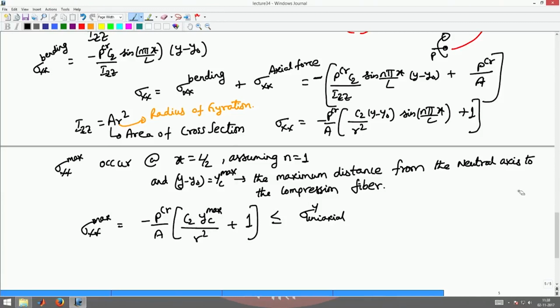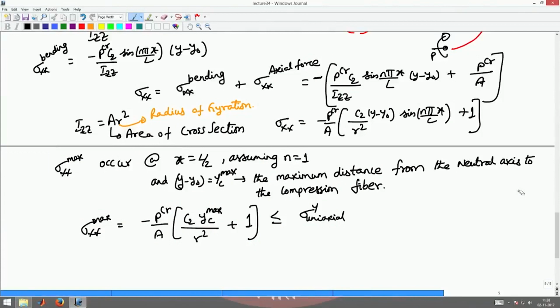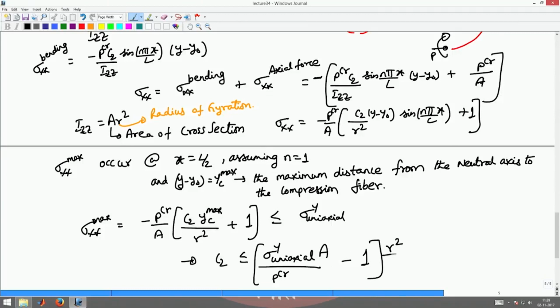This sigma xx max should be lesser than sigma y uniaxial, because this is a uniaxial state of stress, and if you are finding the yield stress in uniaxial state of stress to be sigma y, this should be lesser than sigma y. So, basically now that tells you what is the maximum value of this, which implies C2 must be lesser than or equal to sigma y uniaxial divided by P critical into A, minus 1, into r square by y max.